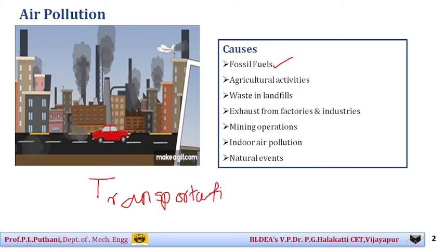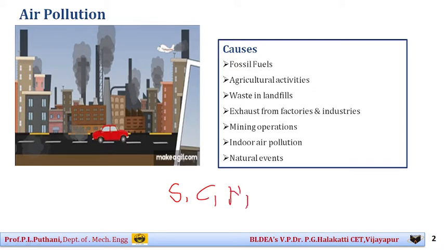Everywhere the fossil fuels are burnt, and when they are burnt, different gases are released: sulfur, carbon, nitrogen, hydrocarbons, and NOx. These gases cause damage to the air. Automatically the air gets polluted.